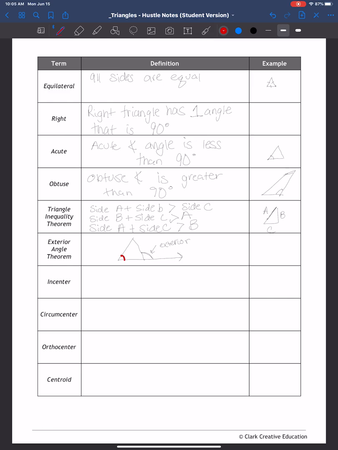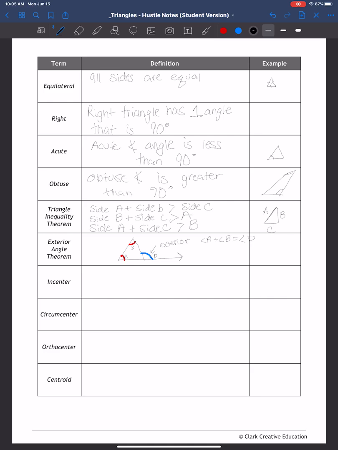This angle plus this angle will be equal to the third angle. So if I were to letter these, angle A, angle B, angle D, angle A plus angle B is equal to angle D.